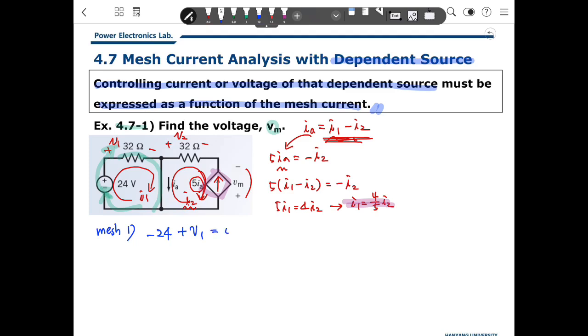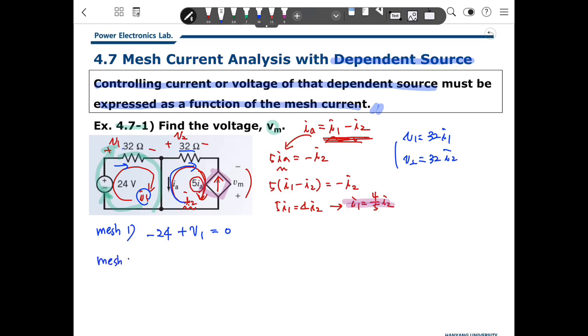So there will be 0. And what is V1? V1 is 32 times the current I1. And what is V2? 32, and the current flowing through this resistor is I2. So V2 is 32 times I2. I'm sorry, this is I1 and this is I2.